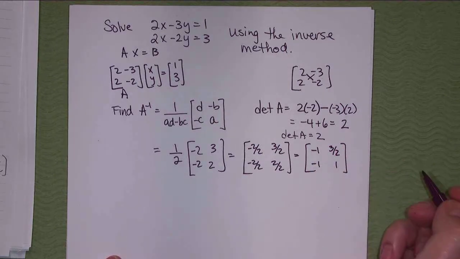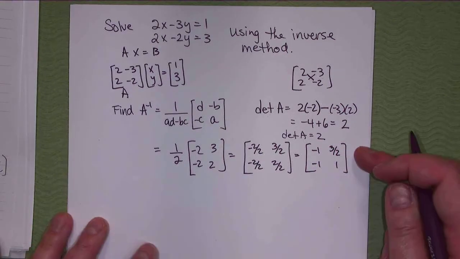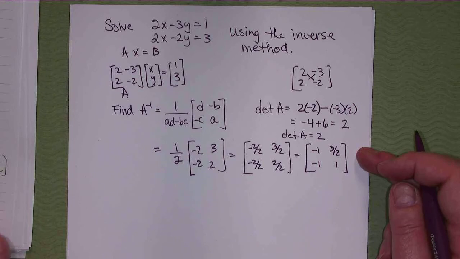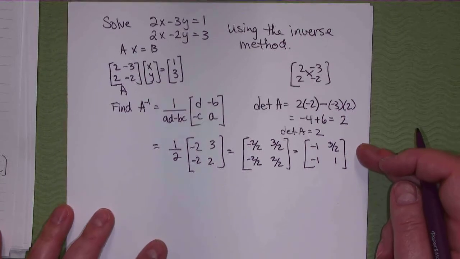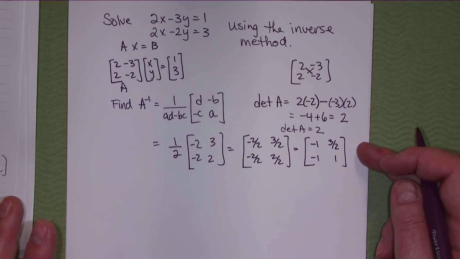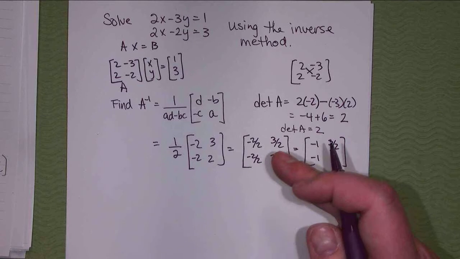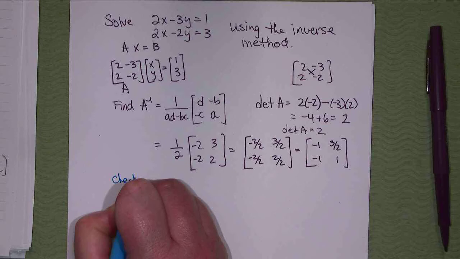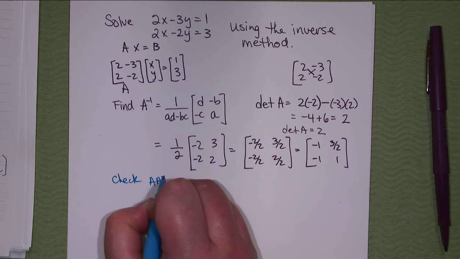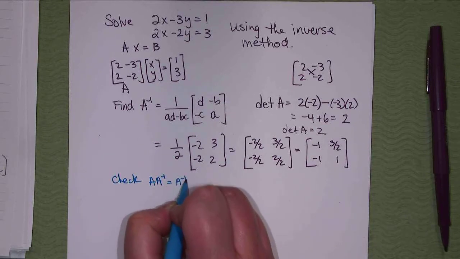So we could check to make sure we did the inverse right. How would you check that? Multiply by A. This is a guaranteed full marks question on any exam because you can check your work along the way and then go back and fix it if you messed up. You know if you've got the right answer. So you could check: multiply A times A inverse or A inverse times A. It doesn't matter which direction.